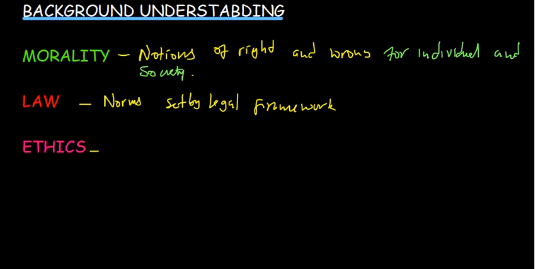Apart from that, you also have ethics. Now, what are ethics? Ethics are also norms. These are norms which are mutually recognized by a group as a guiding principle of conduct and practice.